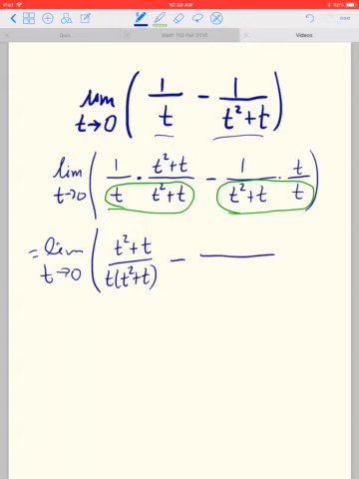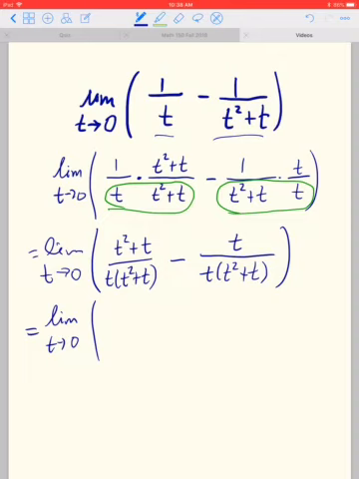And then we have a minus sign, and the second fraction can have that same denominator. That was our choice. And then on top it's just going to be t. So now we're ready to add those two fractions. So when we combine them, we're going to get t squared plus t minus t, all with the same denominator, t times t squared plus t.